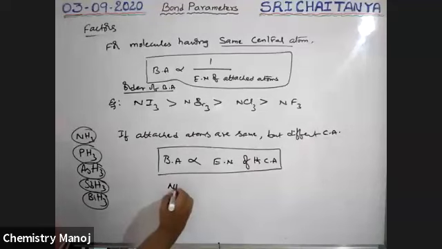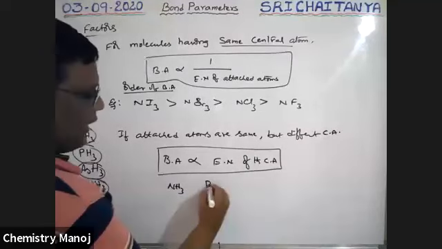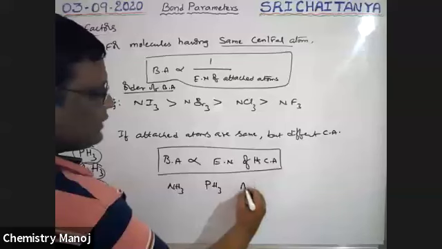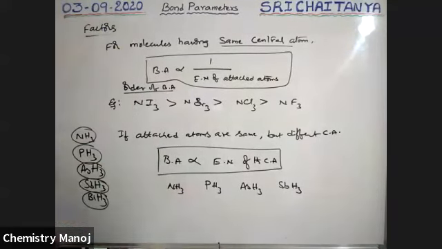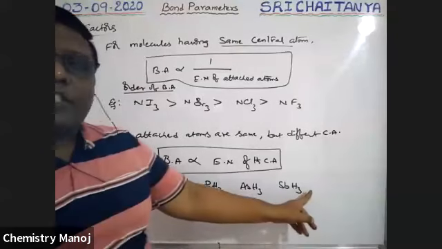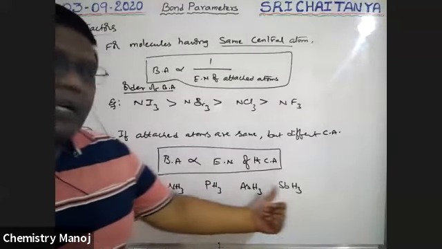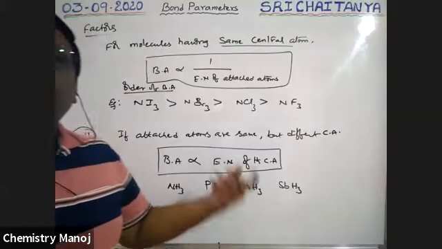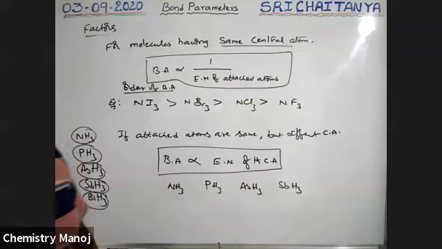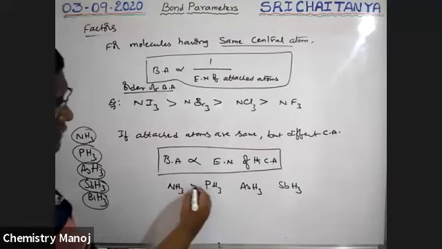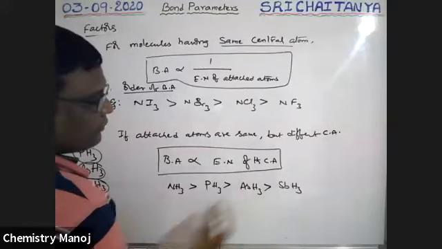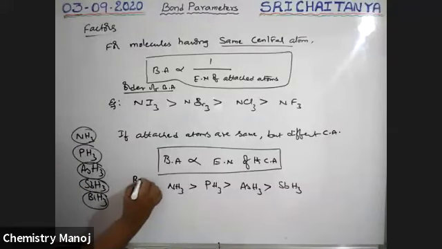The attached atoms are the same, but the central atoms are different. The more the electronegativity, the more the bond angle. So NH3 has a higher bond angle than the others. That is the bond angle order.